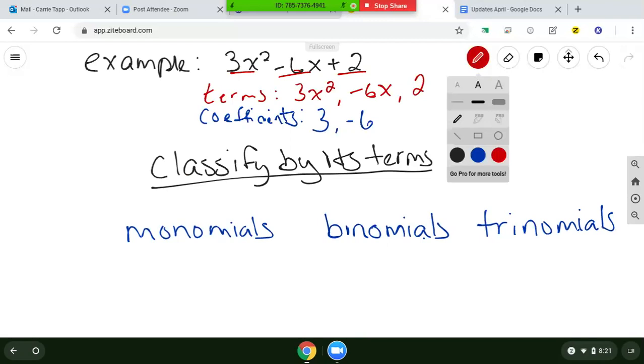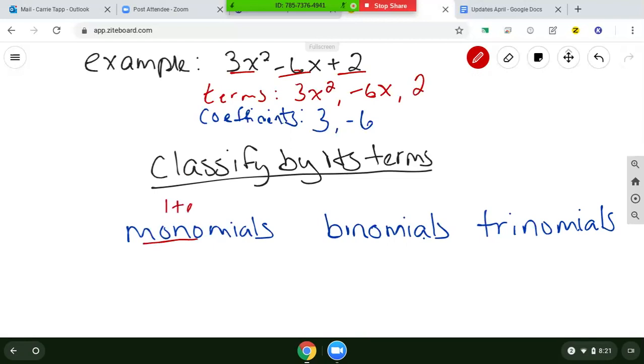So monomials, mono means one. So there's one term here. So an example would be x cubed. And anything that has only one term, it could be a number like 4. It could be x. So anything with one term.